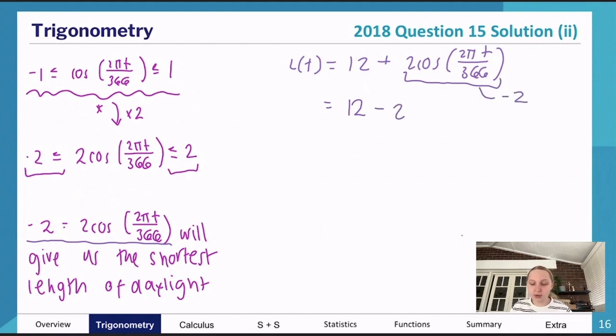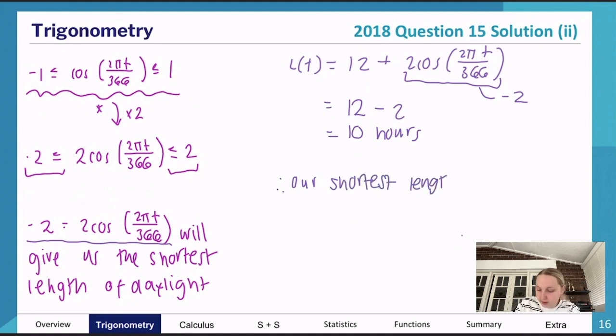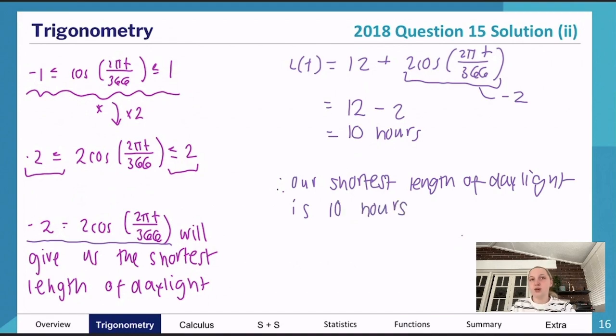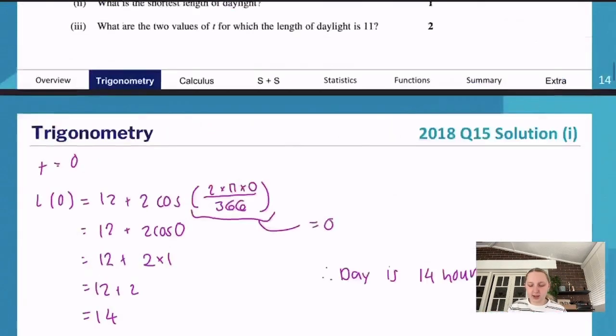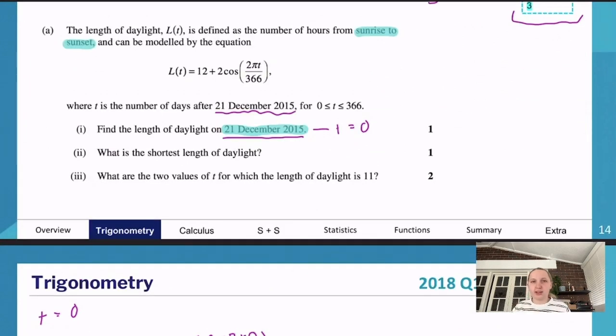So we're going to get 12 equals, oh, sorry, 12 minus 2, which is then equal to 10 hours. So we say, therefore, our shortest length of daylight is 10 hours.